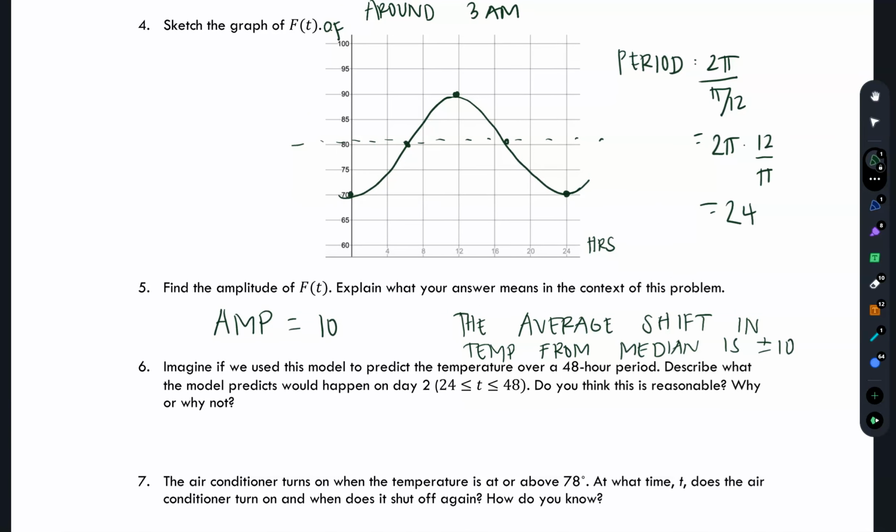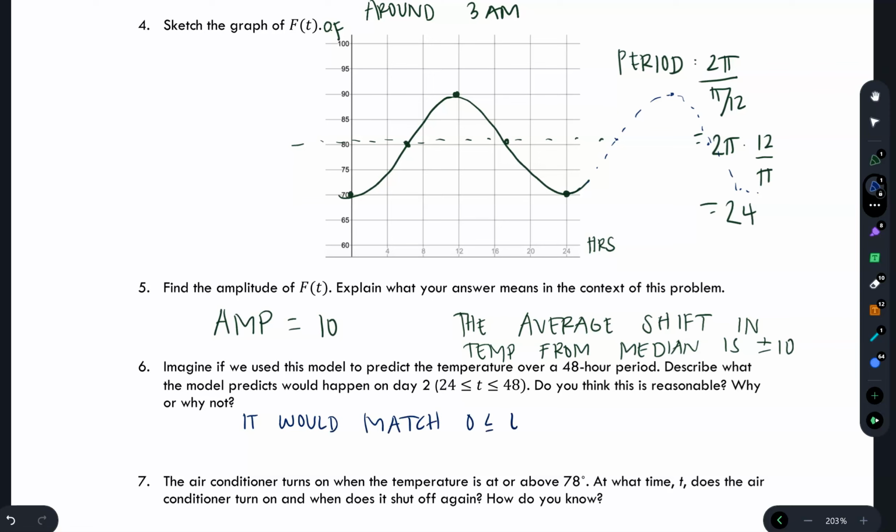So it's going to match over here, right? So it's going to be the same model right here. So it would match the 0 to 24, but just shifted down, right? So it would match from 0 to 24.